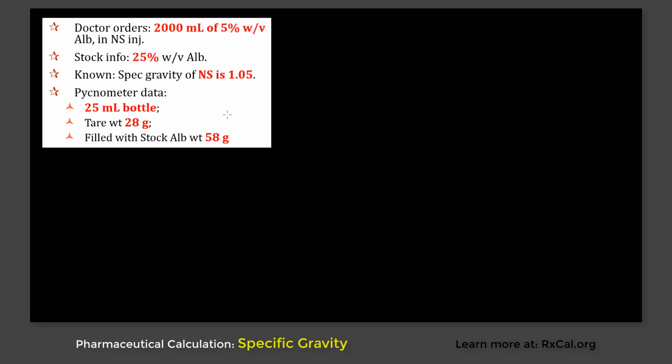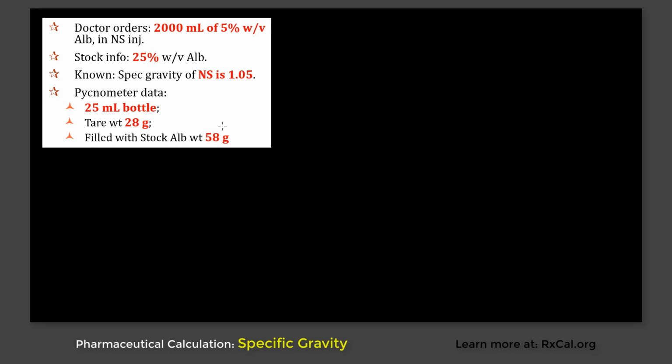And we have been provided the information about the pycnometer, the tare weight of the pycnometer, which is 28 gram, then the size of the pycnometer, which is 25 milliliter, and the weight of the pycnometer containing the albumin, which is 58 grams.